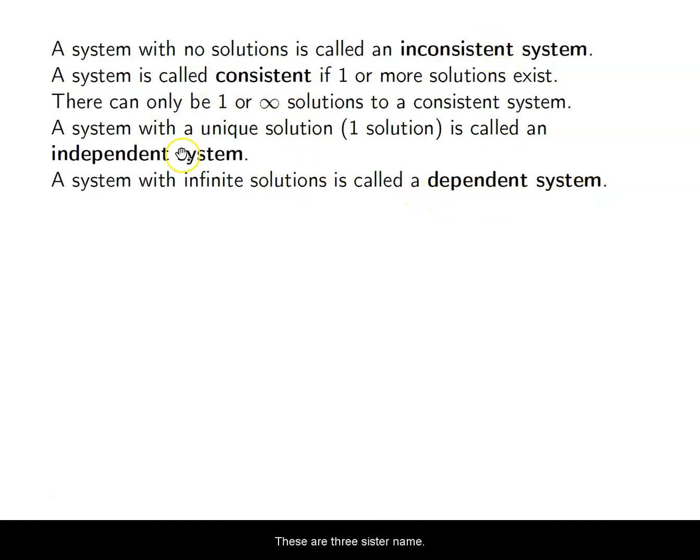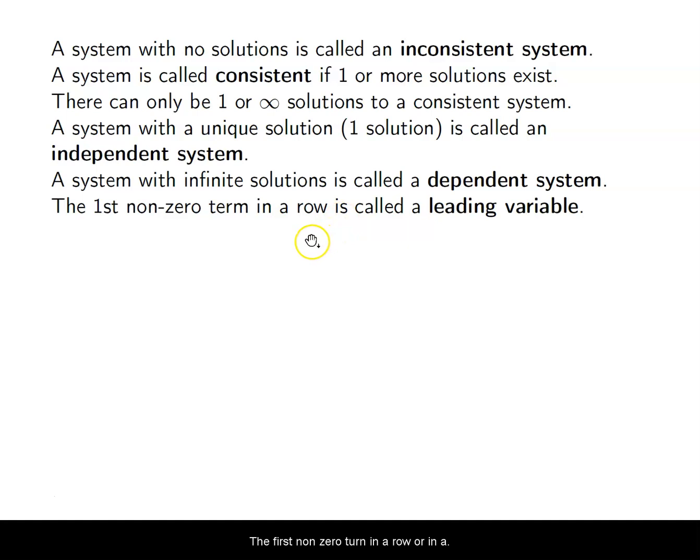So these are our 3 system names: inconsistent, independent, dependent. Okay, independent and dependent, they are a subgroup of a consistent system, basically. Okay, so it tells you that you're consistent. So independent means one solution, dependent means infinite solutions, inconsistent means no solutions.